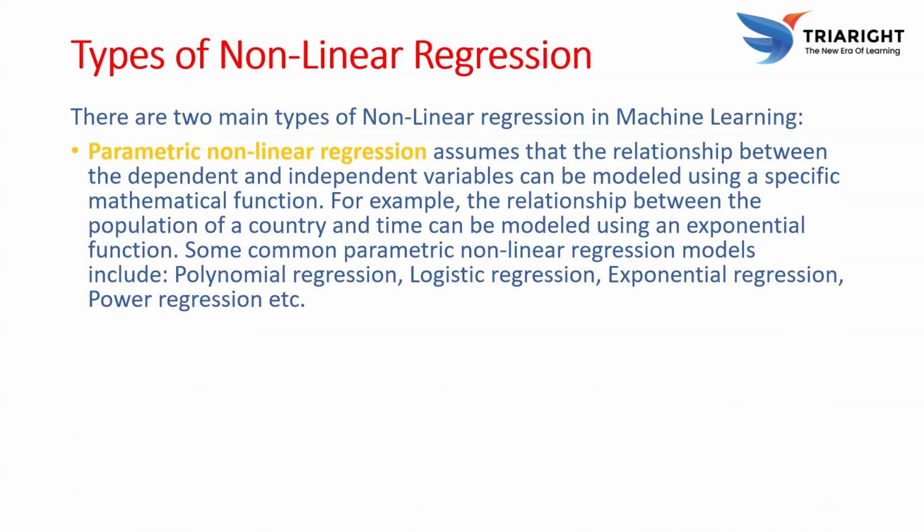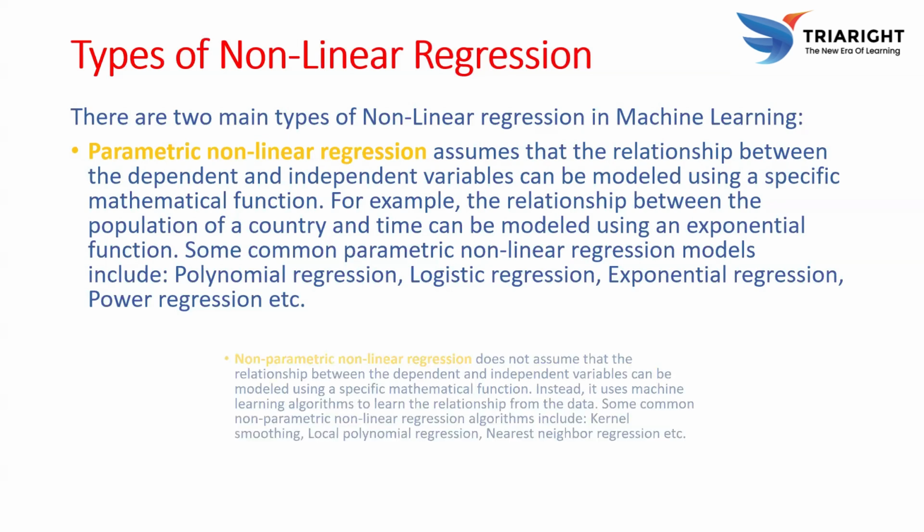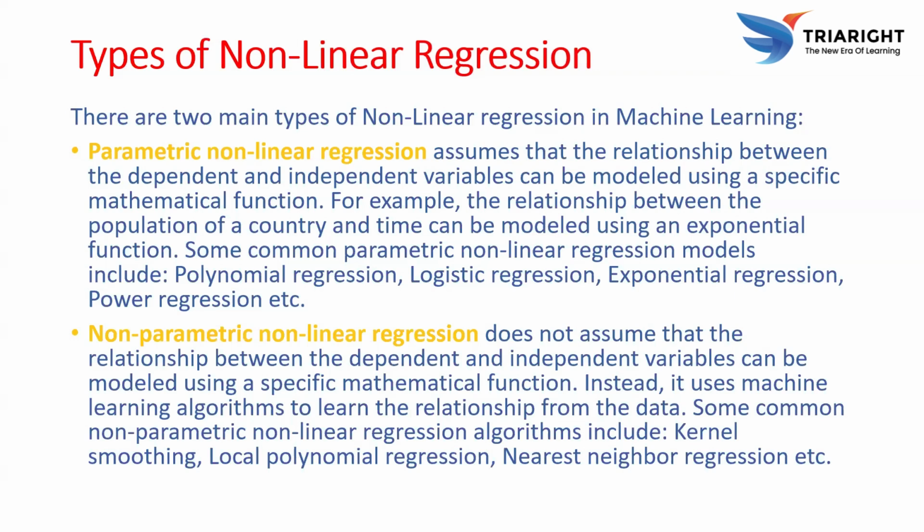For example, the relationship between the population of a country and time can be modeled using an exponential function. Common parametric non-linear regression models include polynomial regression, logistic regression, exponential regression, and power regression.